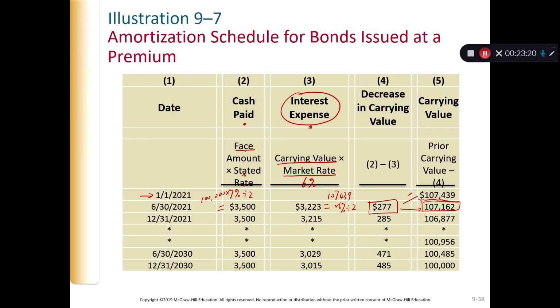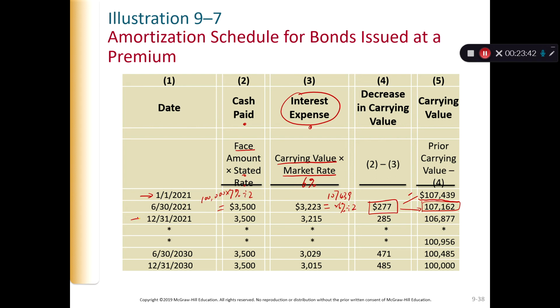In other words, when your cash paid is much higher than the interest incurred, the actual cash paid is wearing out the carrying value issued at a premium. It's reducing the carrying value at the premium. It means that you are giving back to the investors.